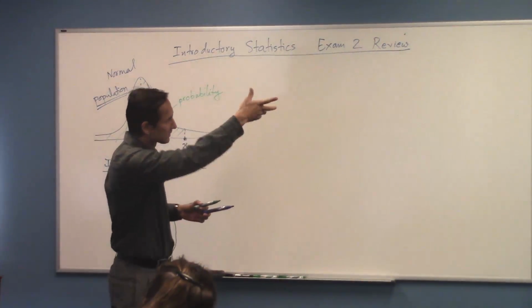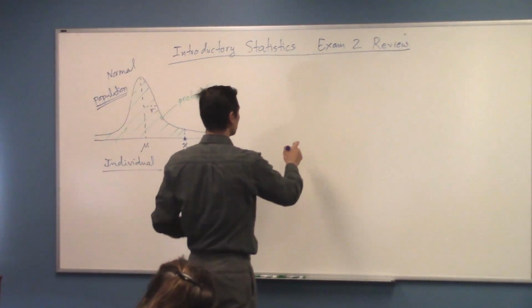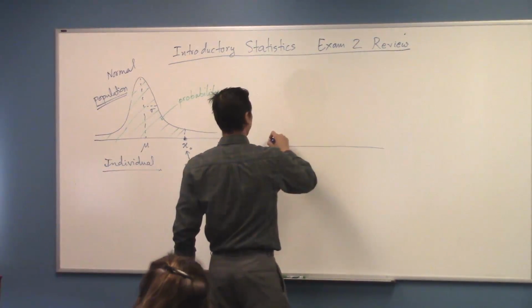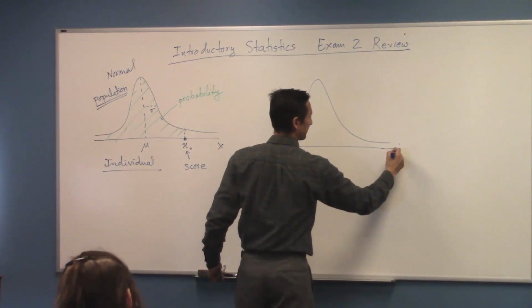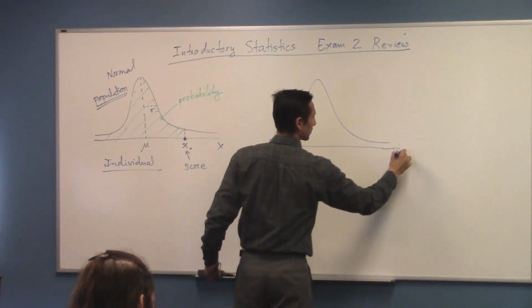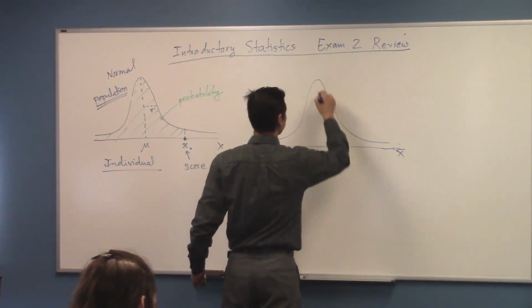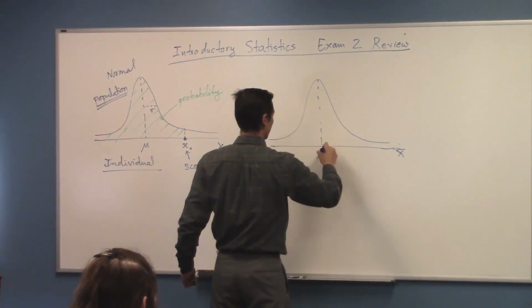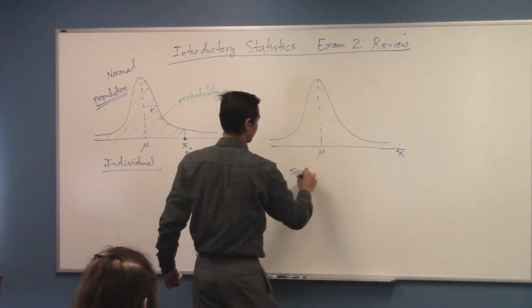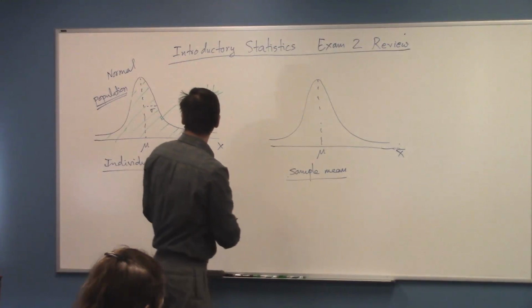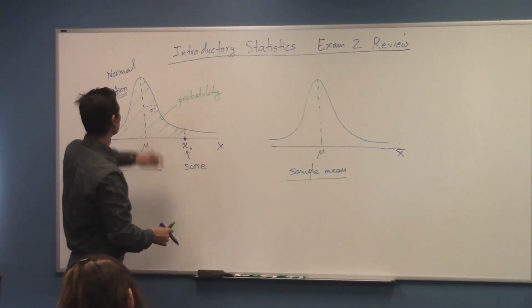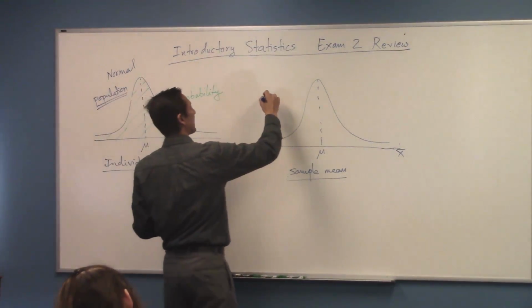Now, if the question switches from an individual to a sample mean, then you will switch from this population distribution to the sampling distribution.